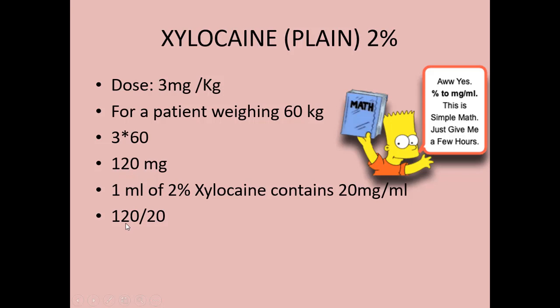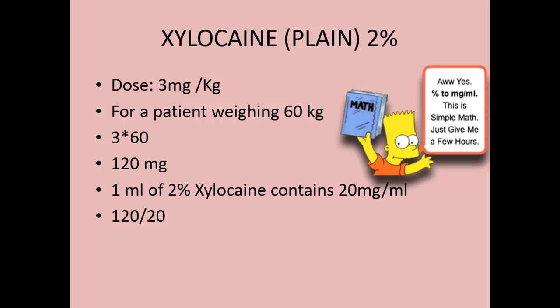So this is 120 divided by 20, because we are using 2%. In 2% we know that there are 20 mg, so we have to divide by it. For example, if I am using 1% xylocaine, 1% xylocaine means 10 mg per ml.